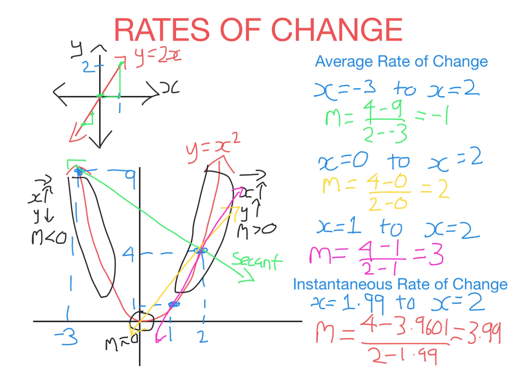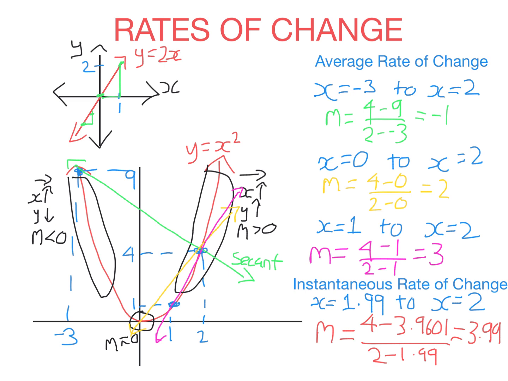The closer and closer together the 2 points are, the better the line between them will mimic the curve at a given point. If the points are getting closer and closer together, this secant is getting closer and closer to a tangent.